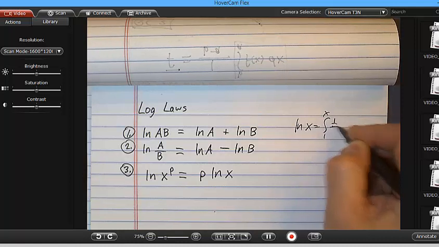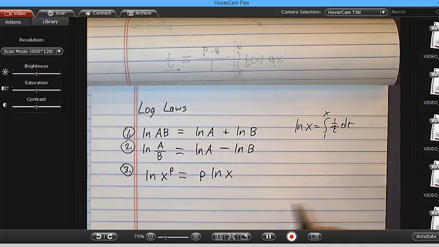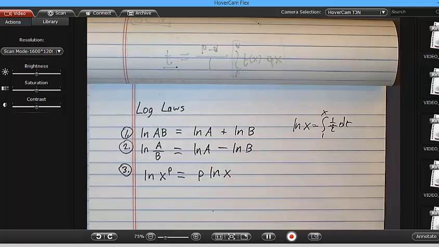You never saw that before, right? So where do these laws come from? Maybe they just gave them to you? What they probably did is they talked about exponential functions, then they talked about logarithms, and then they used properties of exponents to talk about these. But we're approaching this from a different angle. We're saying this is an area function. Why would these things be true?